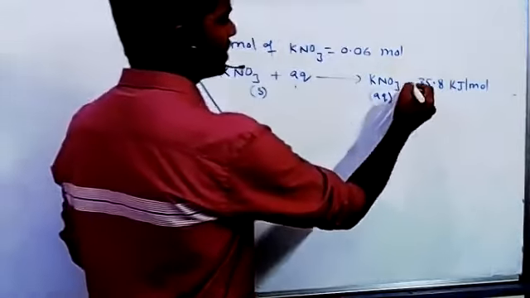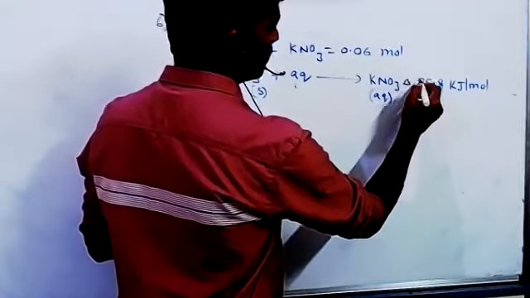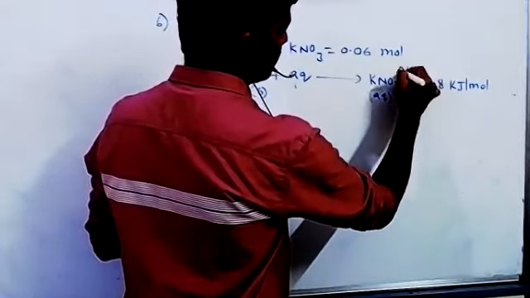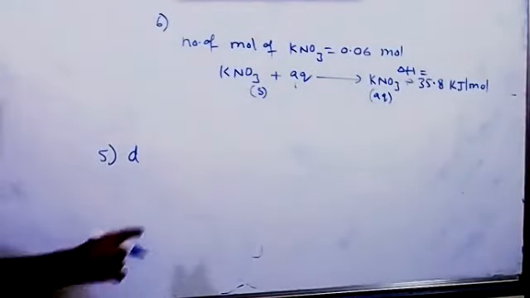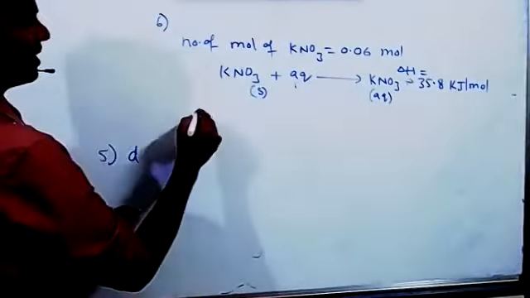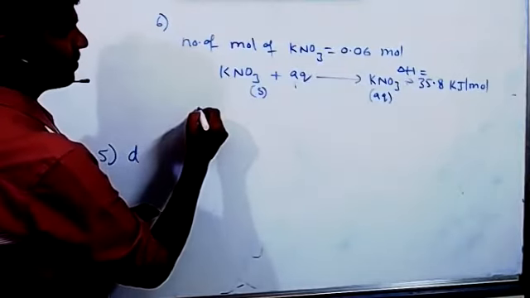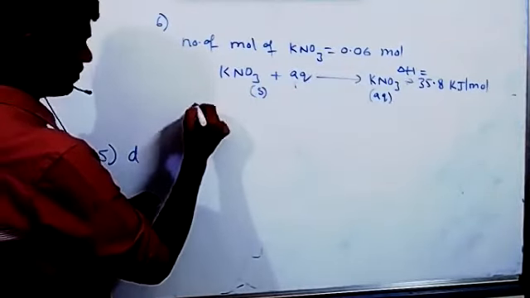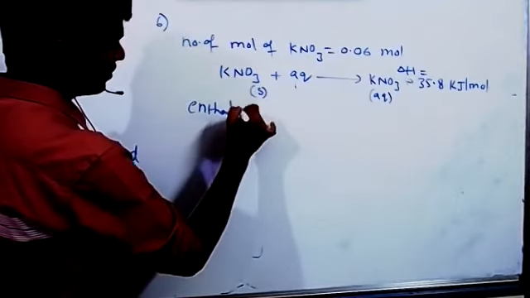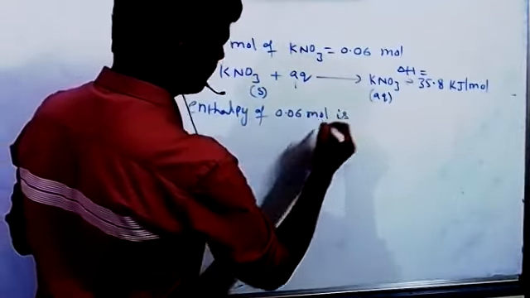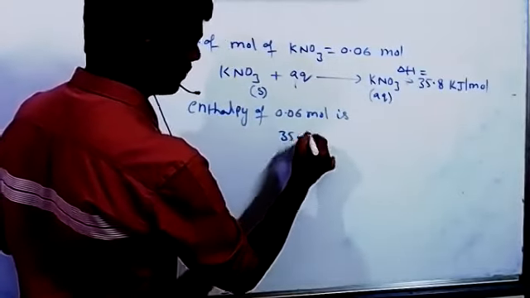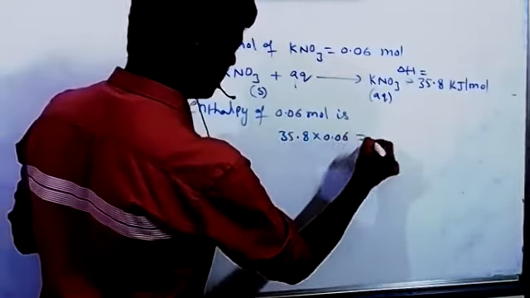So this is delta H, a positive value, 35.8 kilojoule per mole. That is for 1 mole. If it is for 0.06 mole, multiply that: 35.8 into 0.06.